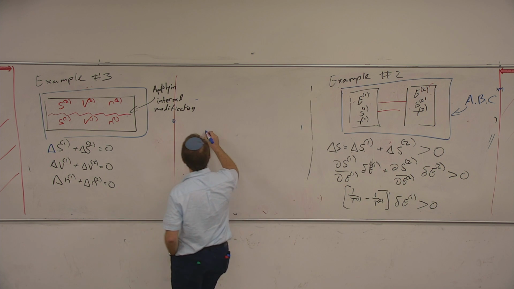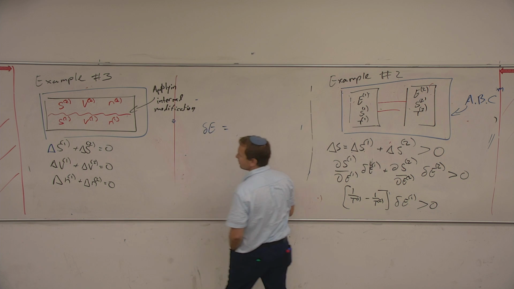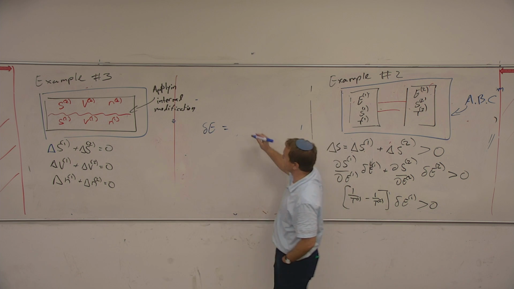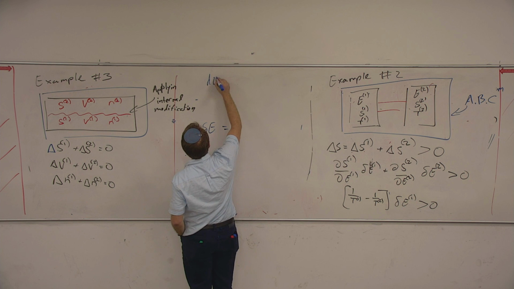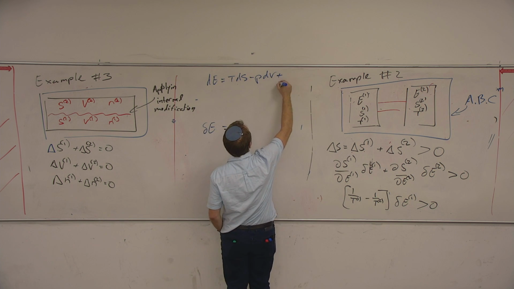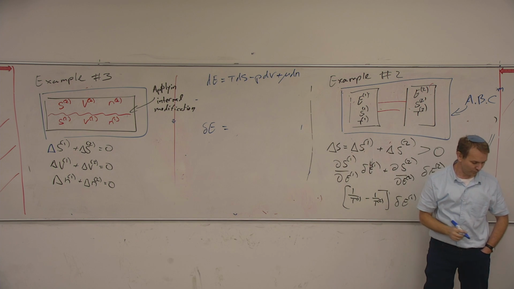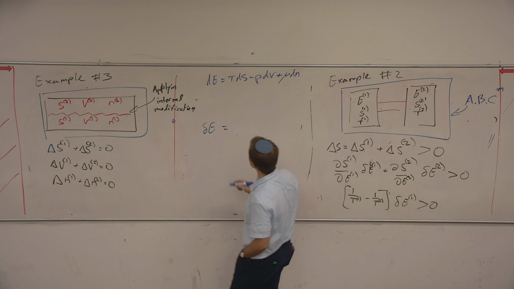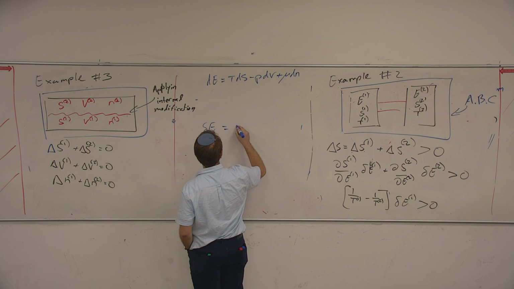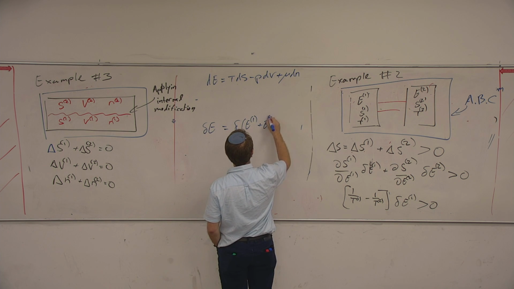So what is delta E? I can use, remember the equation, dE equals T dS minus P dV plus mu dN. So delta E is delta E1 plus delta E2, right?